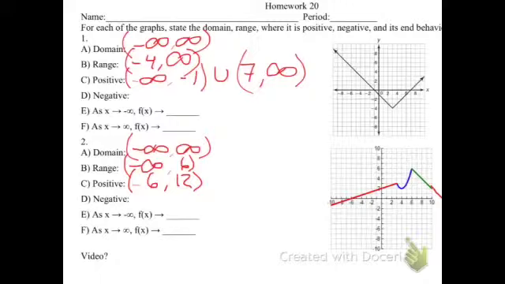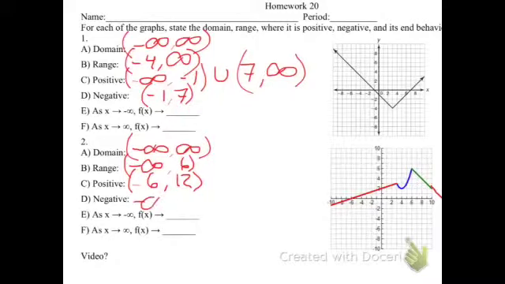Jumping back up to the top, where is the graph negative? Well, it's negative basically where it's not positive. So between -1 and 7 is where this one is going to be negative. So -1 to 7, your graph here is negative. It's down below the x-axis. Jumping down to the bottom, this graph is going to be negative basically everywhere except from -6 to 12.